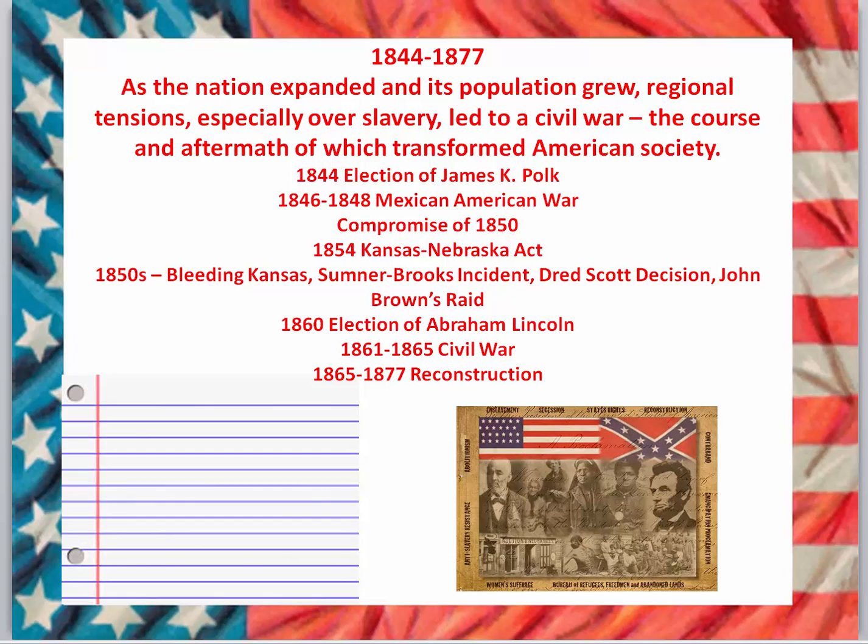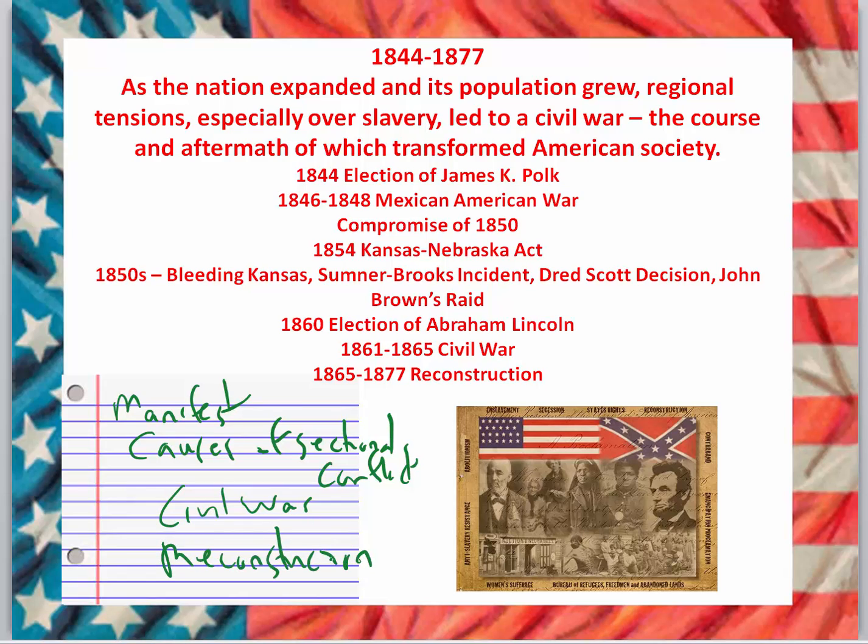So I look at this as we're finishing up Manifest Destiny, so we are expanding, and then it is causes of sectional conflict, sectional meaning north and south, then Civil War, and then Reconstruction. This should be an easily defined time period for you.